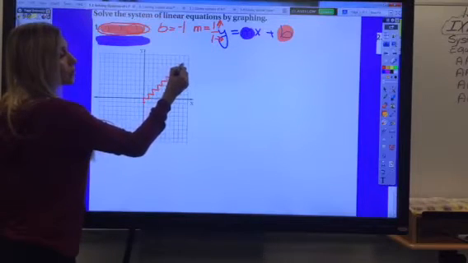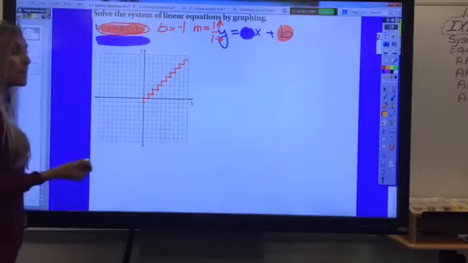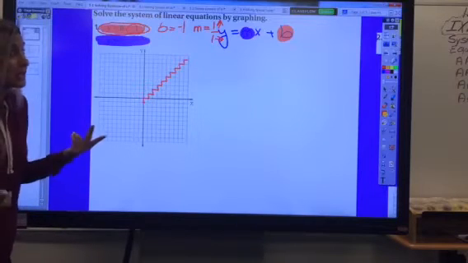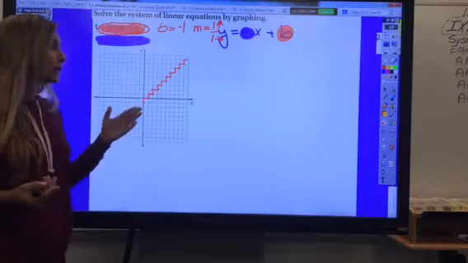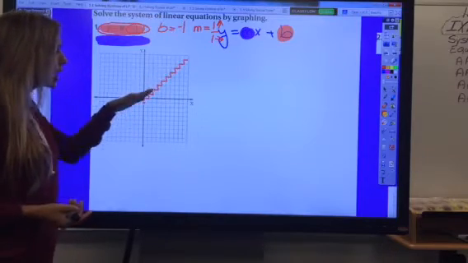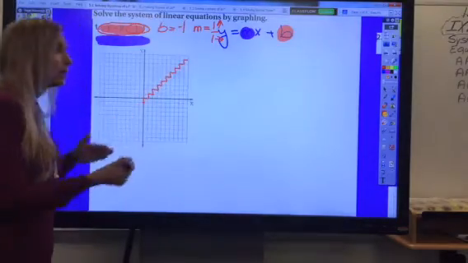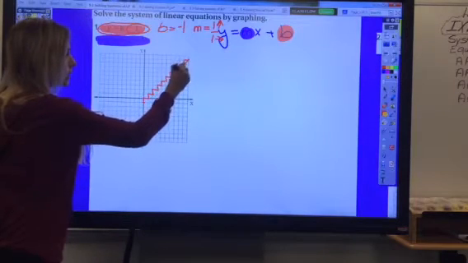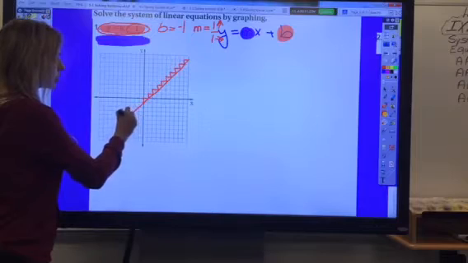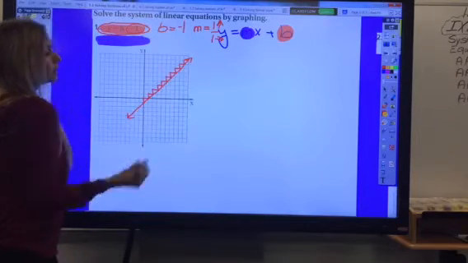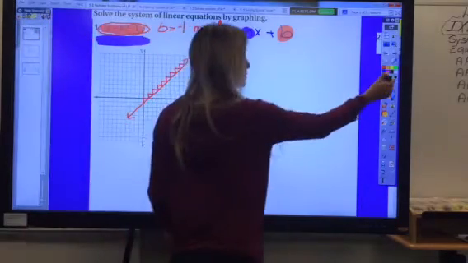You're always going to go 1 up and 1 over. You really need just 2 points. But if you're trying to solve system of linear equations by graphing, it's usually helpful to do a couple of these because you don't want to make a mistake when you're creating your lines to see where those two lines will meet.